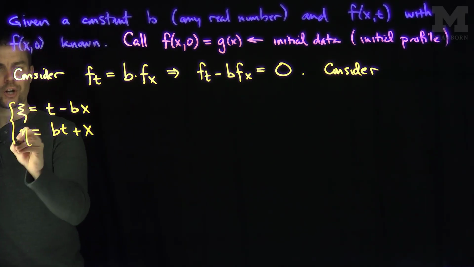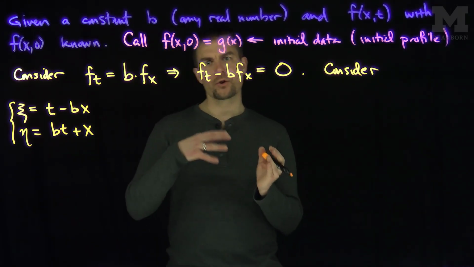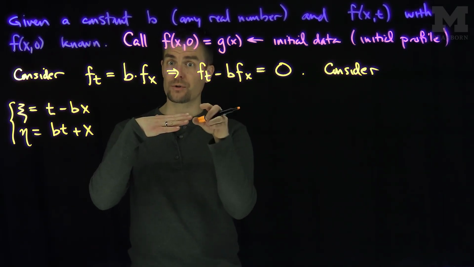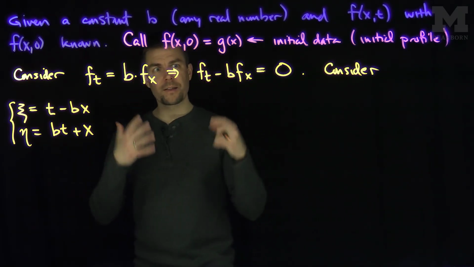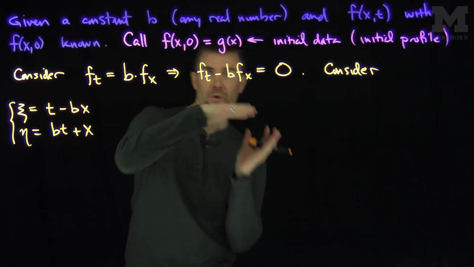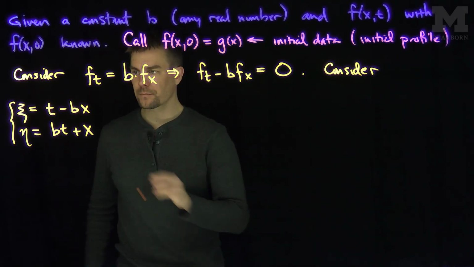The reason I'm considering this change of coordinates will become evident when I think about directional derivatives. This is really a directional derivative on the left-hand side being equal to 0, so I'm going to align the direction of that directional derivative with one of the new axes.